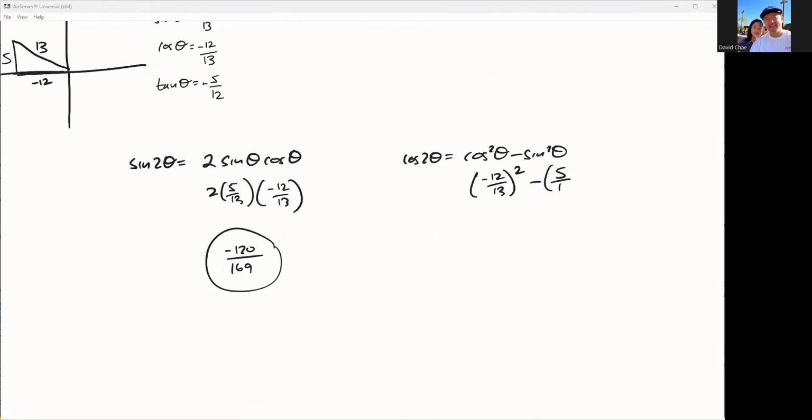So this will be 144/169 minus 25/169. That's 119/169. Cool. Any questions on that? That's not too bad, right?